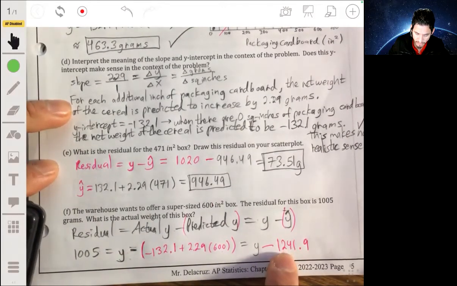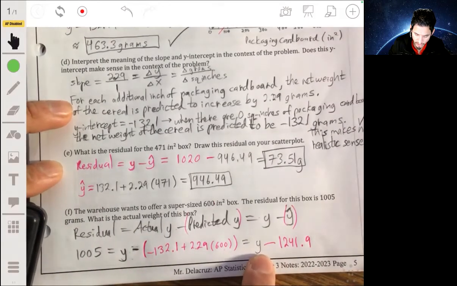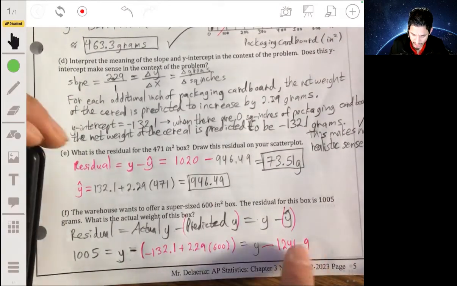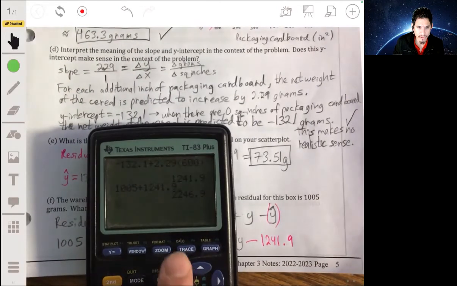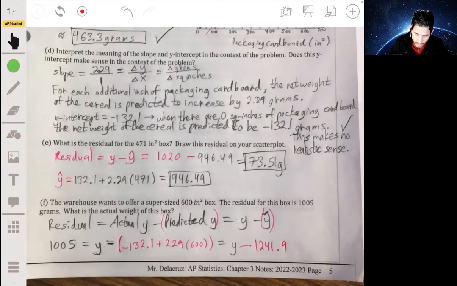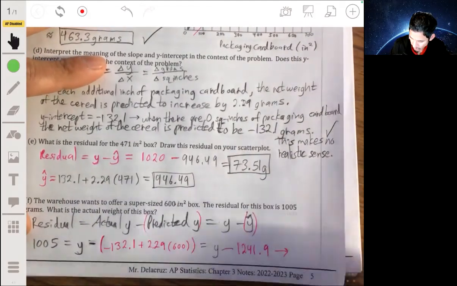It becomes algebra. We just have to add that 1241.9 to both sides, and we'll get the y. So let's add 1,005 plus 1241.9. And bang, you get the actual y is 2246.9. That's a big boy.